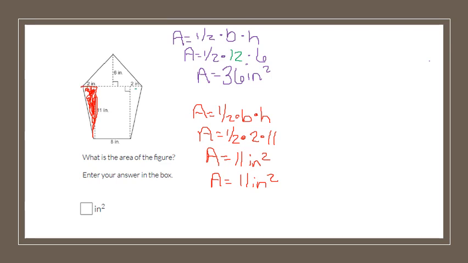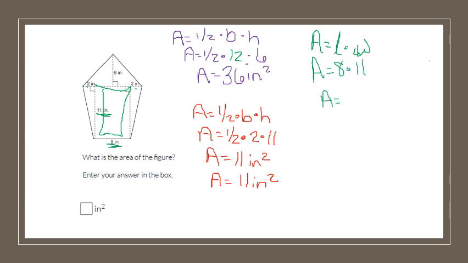Okay, so last but not least, now I'm going to do the big rectangle. That's so pretty. Okay, so 8 by 11. So all I've got to do is multiply 8 by 11, and that gives me 88 inches squared.